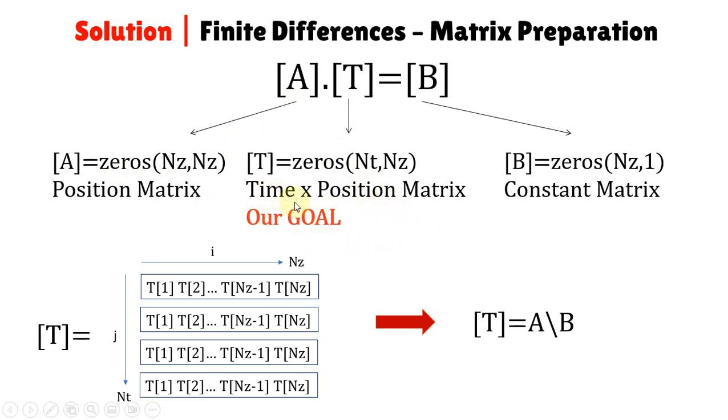B is the constant, zeros NZ by 1. T consists of I, the index for the position matrix NZ, and G, the index for time. So T will be found as inverse A multiply B. This is the main program to solve this equation.